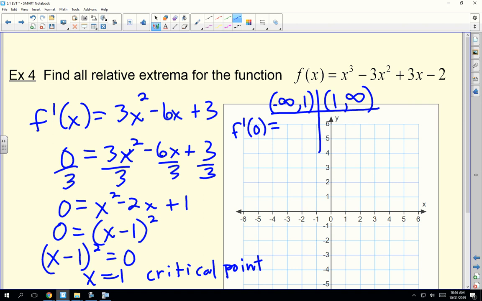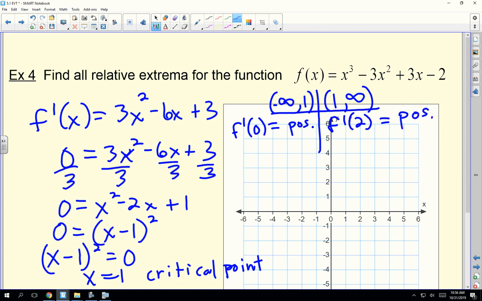Positive. And then if I test over here, a good test point would be 2. You get to pick whatever value you want to plug in. So f prime of 2, what's f prime of 2 going to give me? 4, that's 12, minus 12 is 0, plus 3 is positive again.